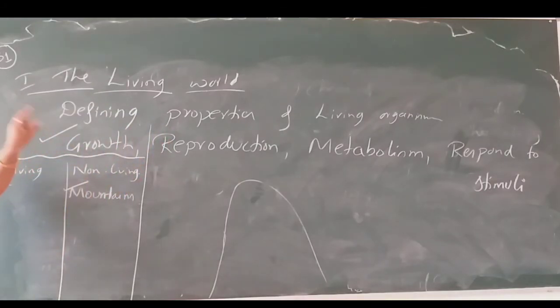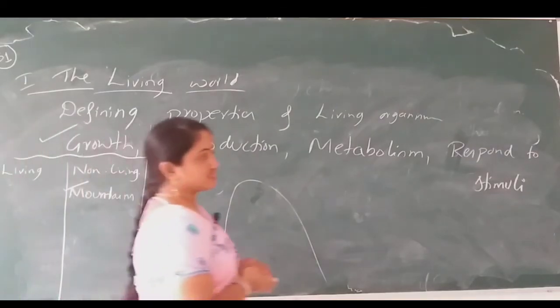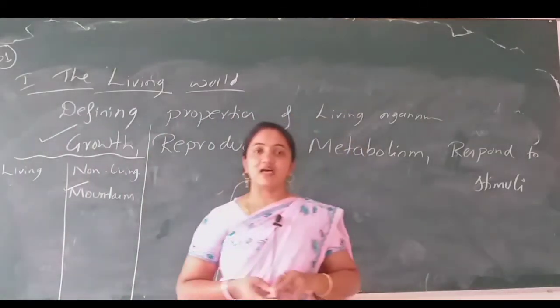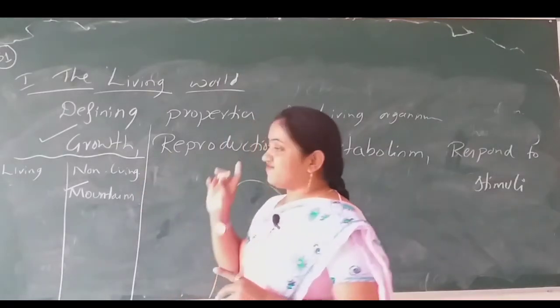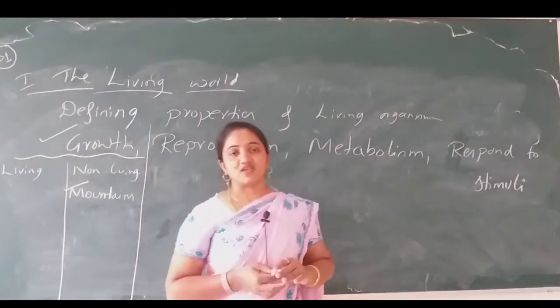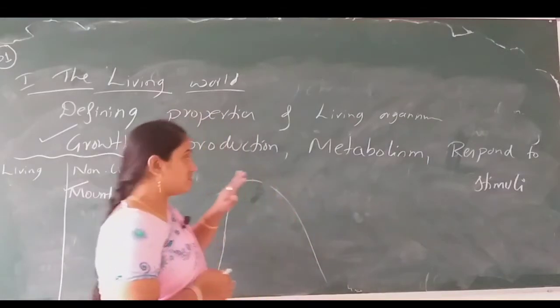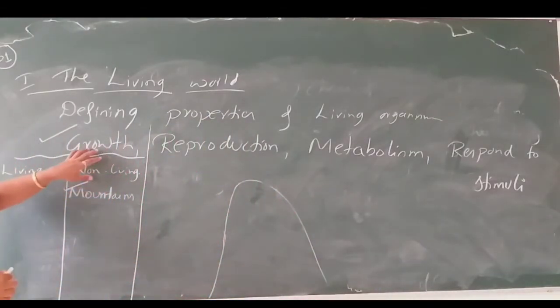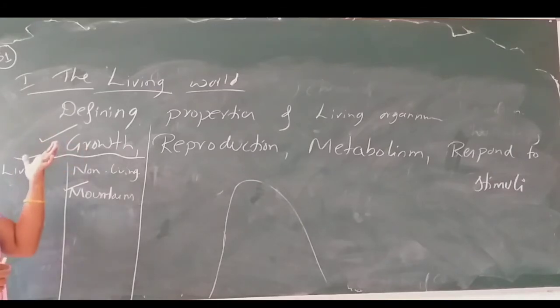This is not the defining property of living organisms. You have to write that, right? They'll definitely ask in the board examination, write the defining properties of living organisms. If you write growth as the defining property of living organisms, your answer will be wrong. So just learn it clearly.